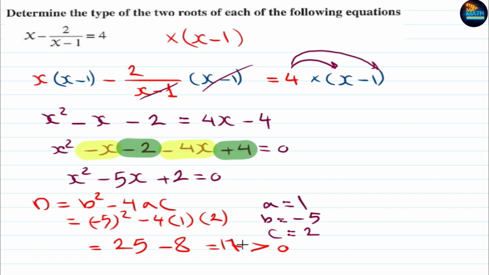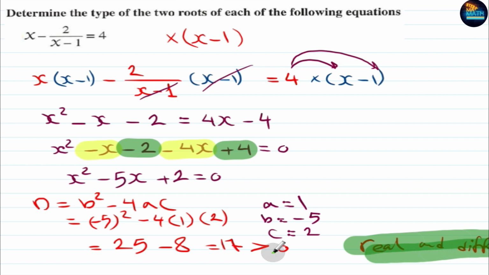Of course, when you have the discriminant greater than 0, that means the roots are real and different. So here the answer: the two roots are real and different.